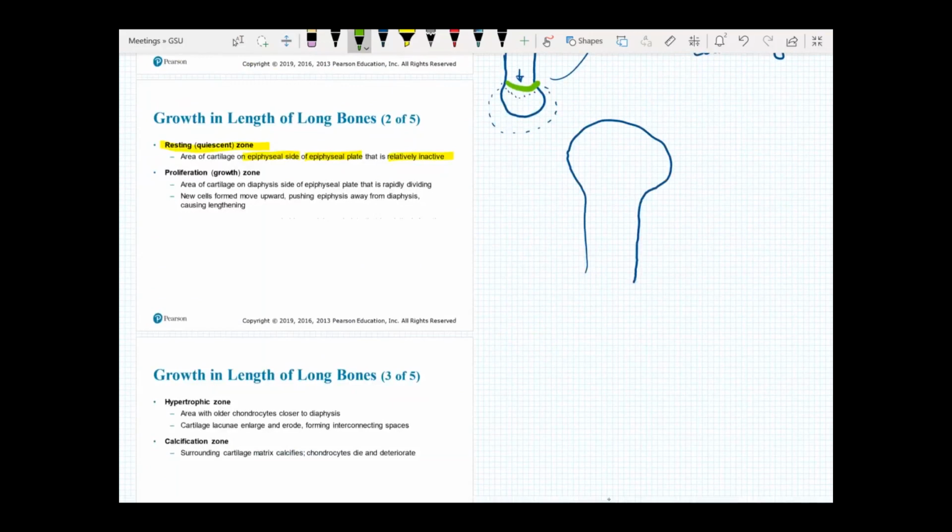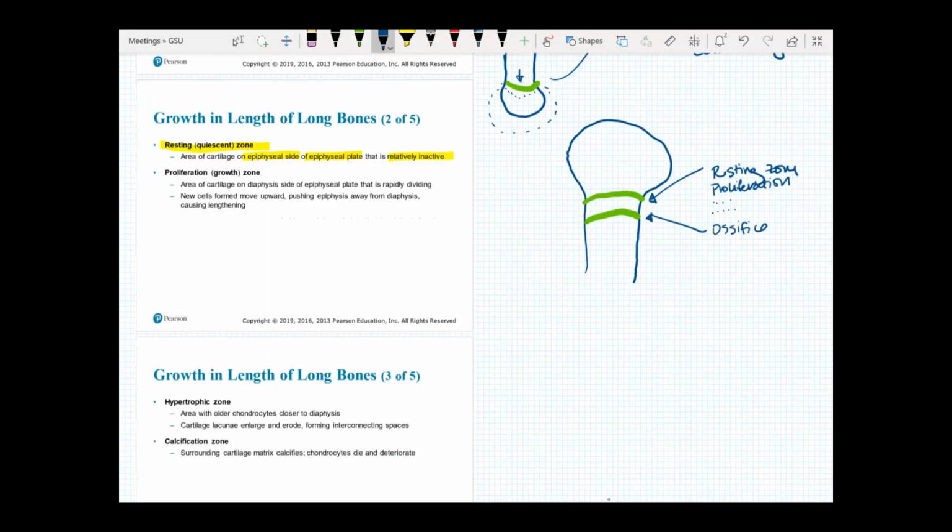If this is the top of my epiphyseal plate and this is the bottom of my epiphyseal plate, within this area I am going to have zones. That is my resting zone, which is going to be the top. Then I'm going to have my proliferation zone. Then I'm going to have my hypertrophic zone. Then I'm going to have my calcification zone. And then this last zone right here is going to be my ossification zone.